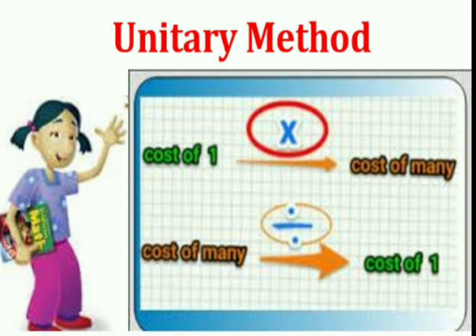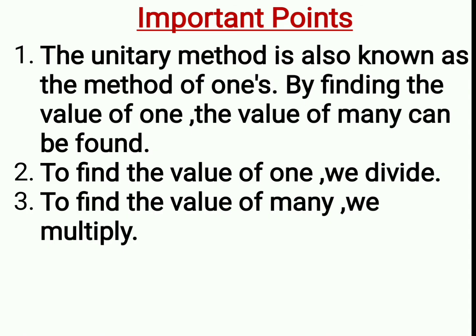Now, there are some important points of the unitary method that you have to write down in your maths copy. First point: the unitary method is also known as the method of 1, because unitary means 1. By finding the value of 1, the value of many can be found.